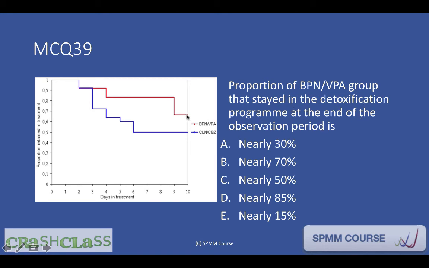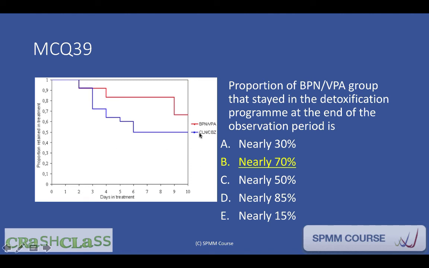Extend this number, extend this here, and you'll see something like 0.7. So the probability of survival is nearly 70%. 1 is 100%, 0.7 is 70%. The answer is nearly 70% stayed in the detoxification program for the BP and VPA group.